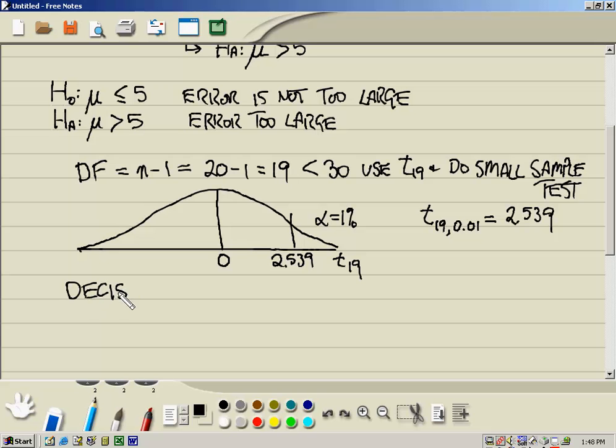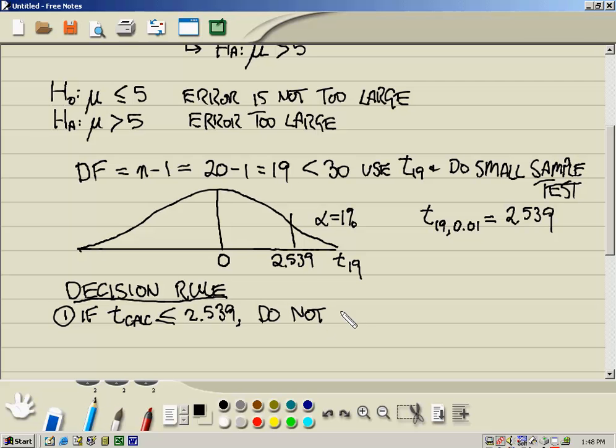Alright, so let's write down our decision rule. If tcalc is less than or equal to 2.539, null is possible, do not reject the null.